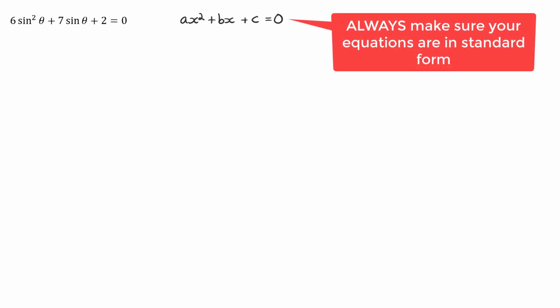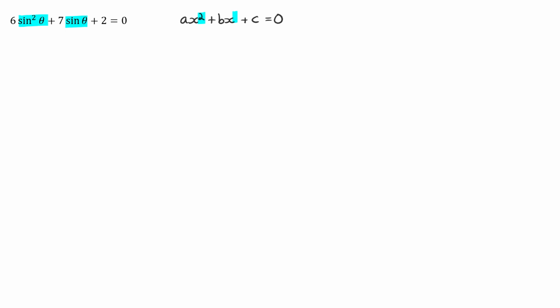In this third example, you can clearly see that this question is in the form of a quadratic equation. It's got that form ax squared plus bx plus c equals 0. And anytime you have a situation like that, where you've got one ratio, so we've got sine, and we can see that it's clearly got a squared and then a power of 1, and we've got those coefficients a, b, and c, we could solve this using the quadratic formula.